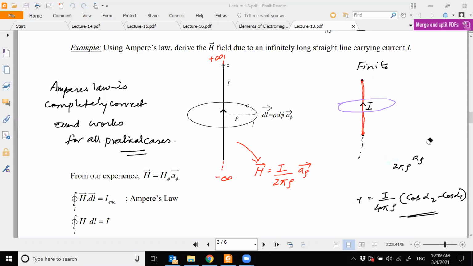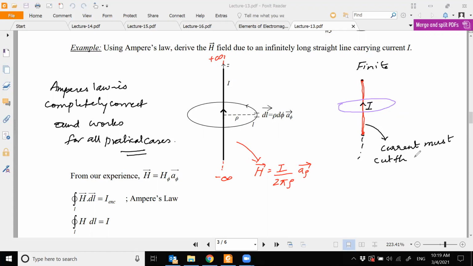Now the second thing which is very important for Ampere's law: we are applying Ampere's law along this closed loop, but we also need to take care that your current must cut the surface enclosed by the Amperean loop.